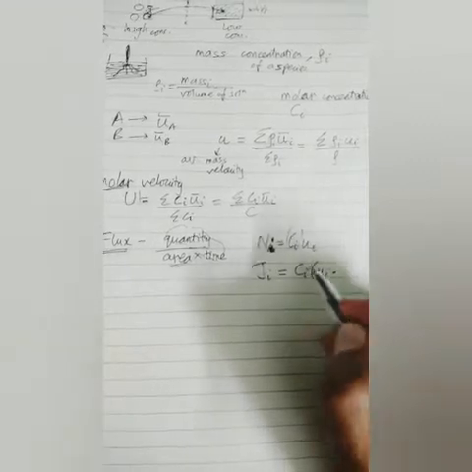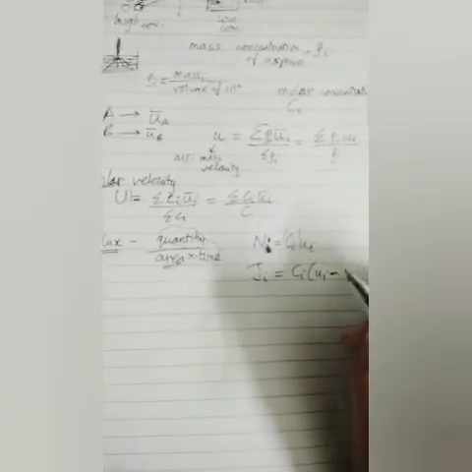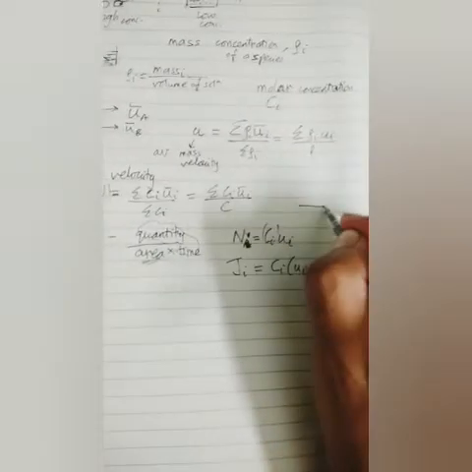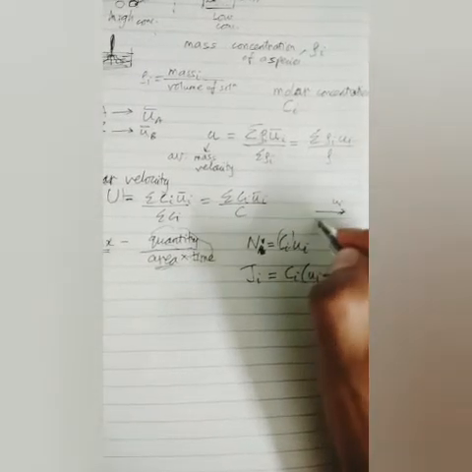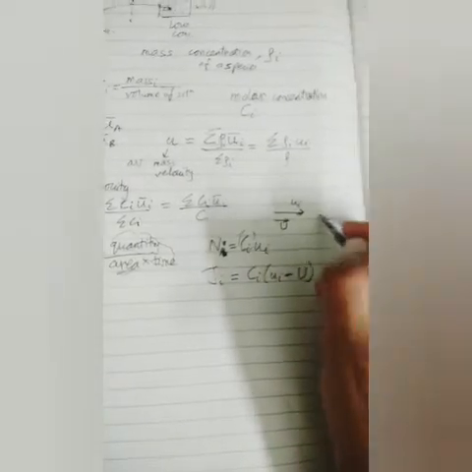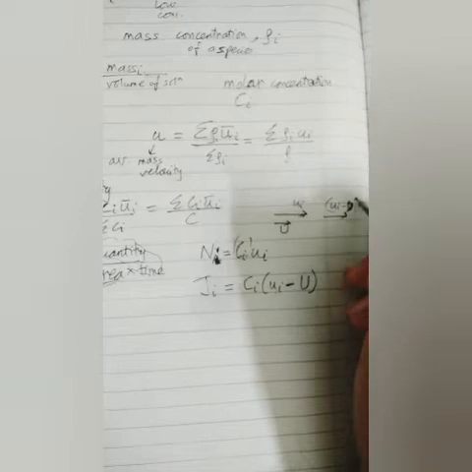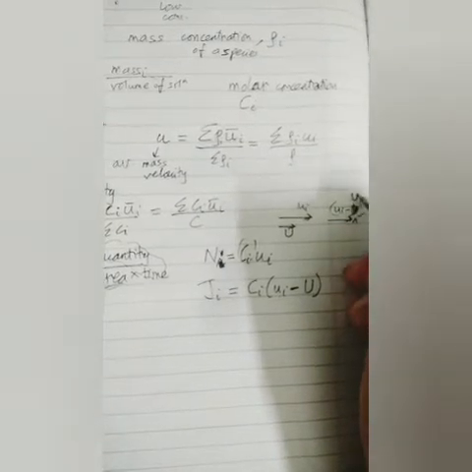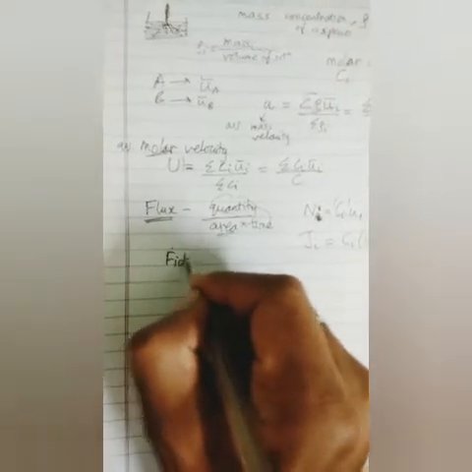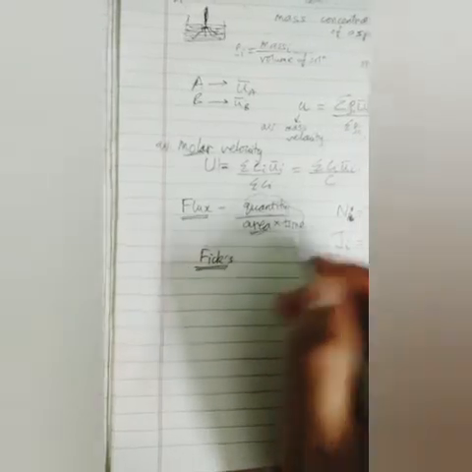But if we take it with respect to the molar average velocity, then we have to subtract U. So this is the net velocity: ui is moving towards it, but because the observer is also moving with U, this vector minus this vector is actually the vector ui minus U, where U is capital U.